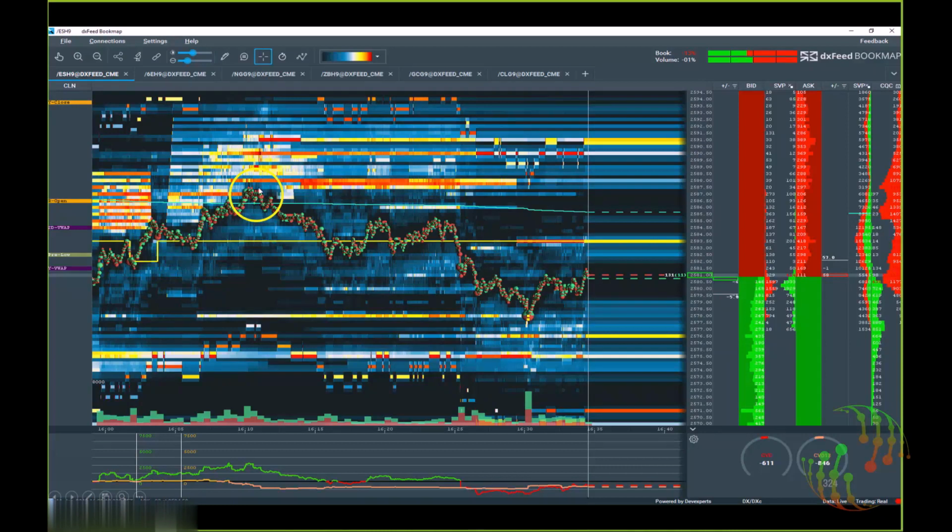When all this comes together, you have exhaustion, VWAP, liquidity above. It's a great help to understand what is happening and what to trade, if you want to trade that.